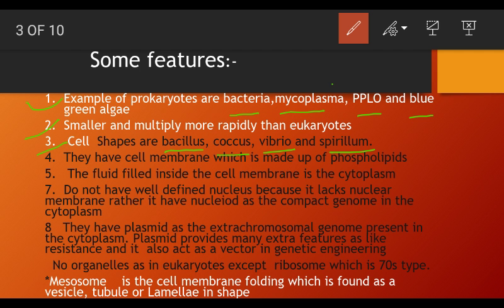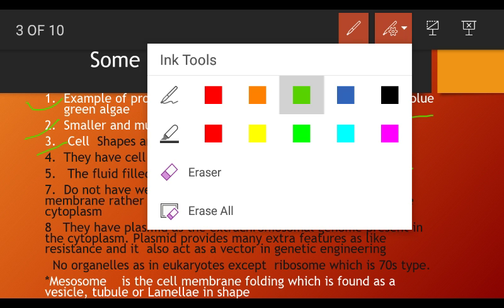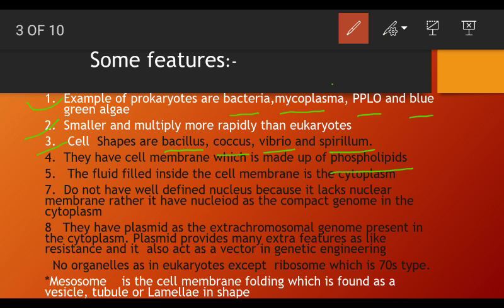They have a cell membrane which is made up of phospholipids, a phospholipid bilayer structure, right? Do you know how it is formed? Phospholipids are structures having a phosphate group and a fatty acid chain. The phosphate group is hydrophilic, while the fatty acid chains are hydrophobic.